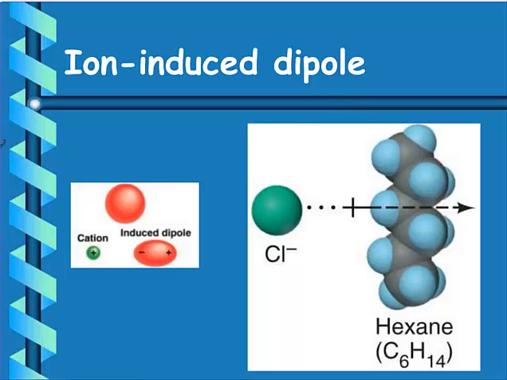So we have a nonpolar molecule, hexane, and whenever chlorine comes near it, this side of hexane is going to become slightly positive, this side would become slightly negative, which then could attract the hexane molecule to the right of it, and so on and so on.